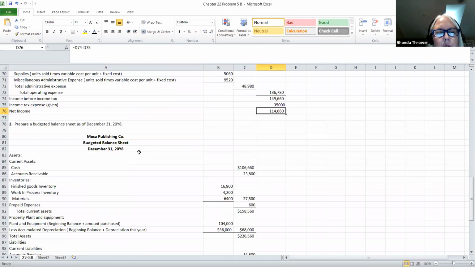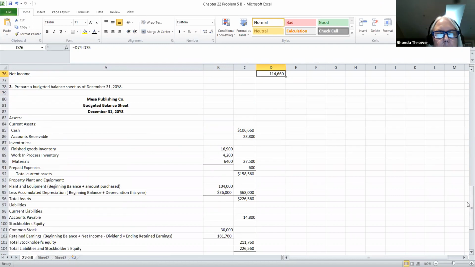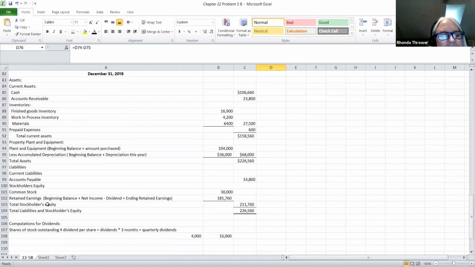Now, they also wanted you to do a budgeted balance sheet. And the balance sheet is basically like any other balance sheet that you've had to prepare, with the exception of down here, instead of having owner's equity, we have stockholders' equity because this is a corporation.